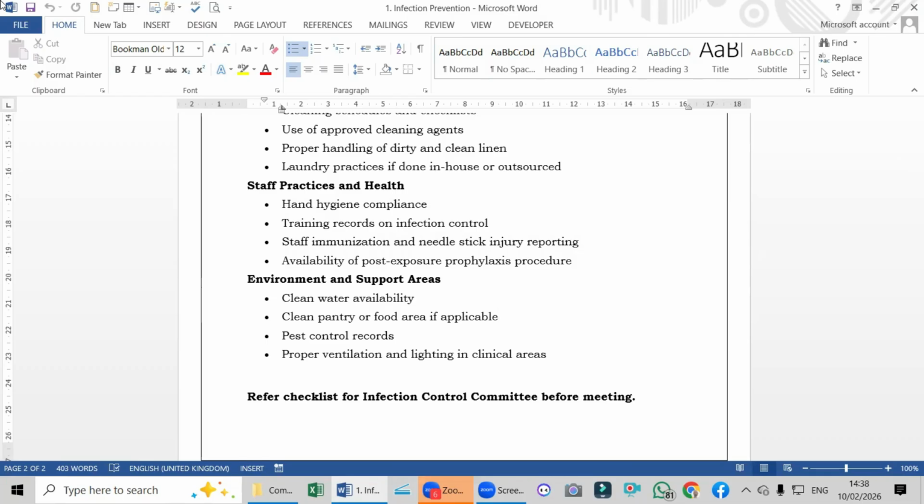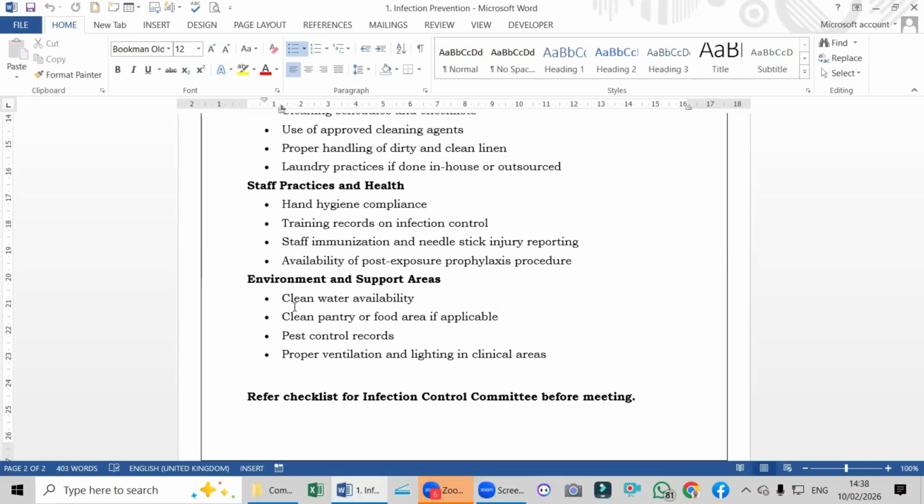That is why it is better to have a clock and also a poster displaying 7 steps or 5 steps, depending on what type of hand wash it is. So display that poster as well.